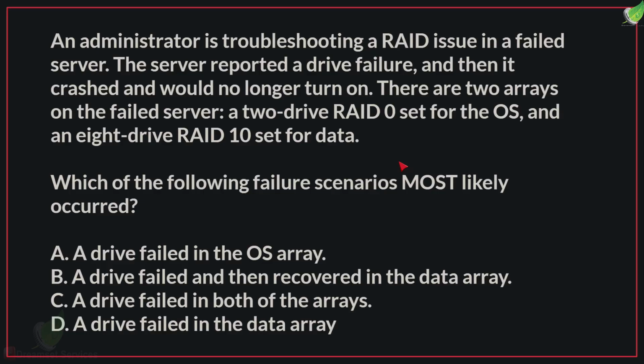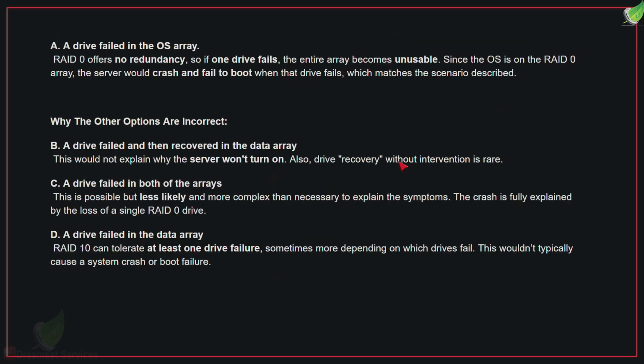The correct answer is A. A drive failed in the OS array. RAID 0 offers no redundancy, so if one drive fails, the entire array becomes unusable. Since the OS is on the RAID 0 array, the server would crash and fail to boot when that drive fails, which matches the scenario described.